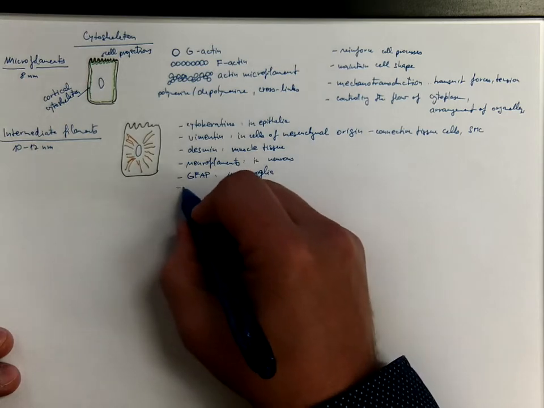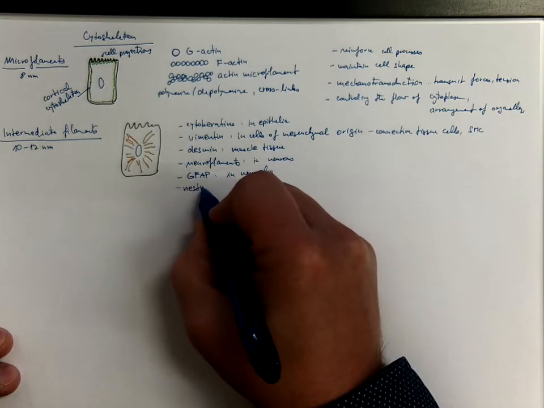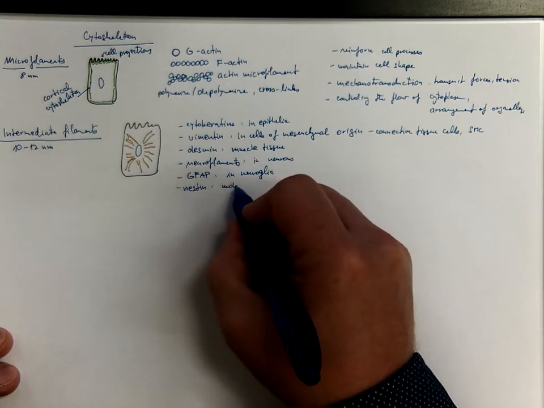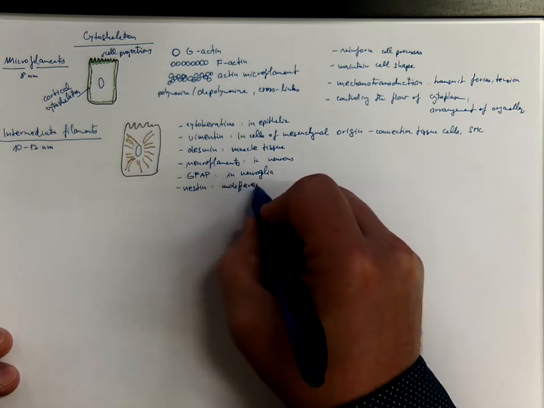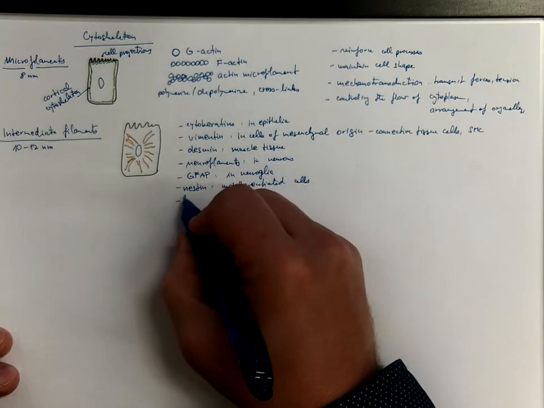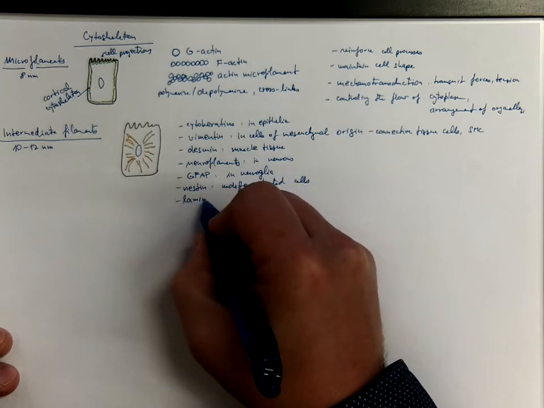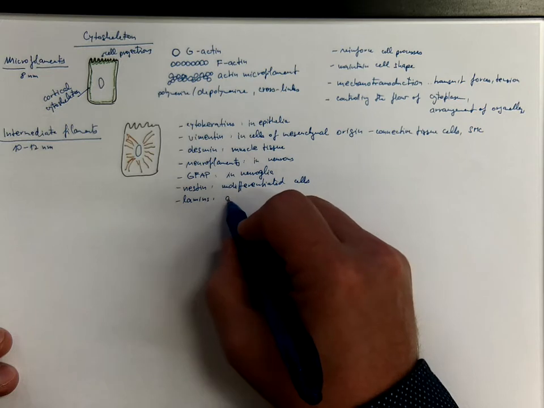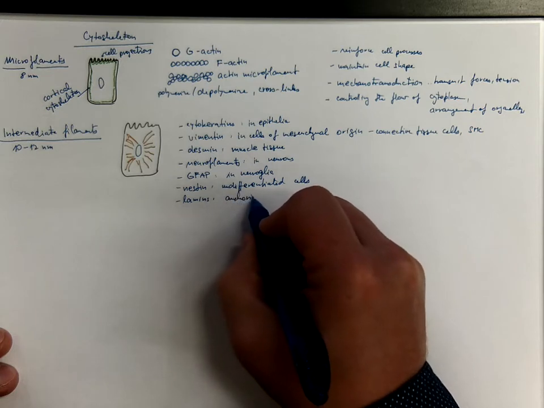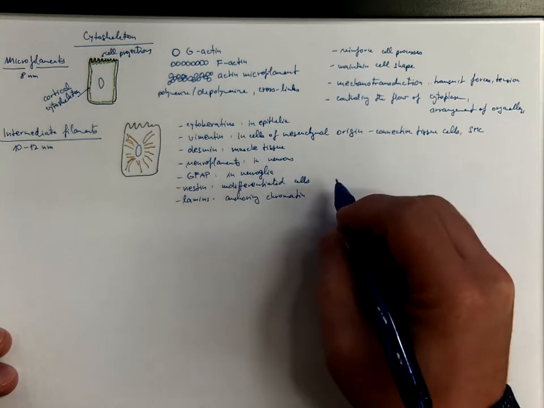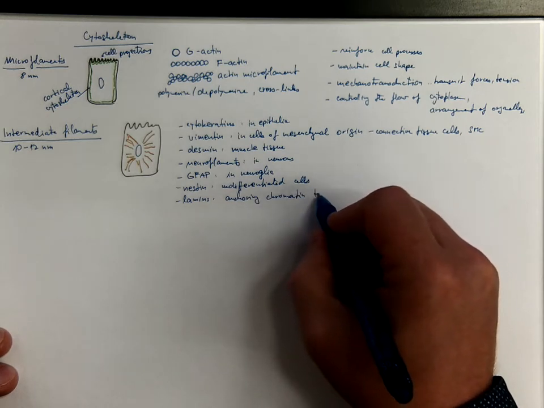We have nestin, being present in some undifferentiated cells. We have lamins that are anchoring chromatin to the nuclear membrane.